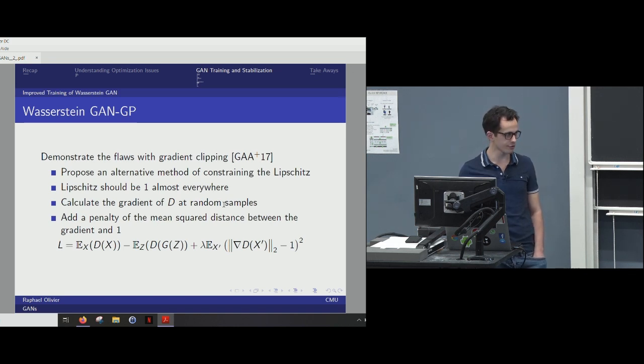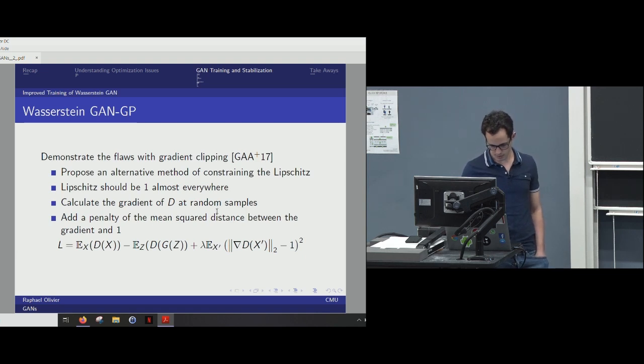So here, their version of constraining Lipschitz is, instead of making the gradients smaller than this, like the quotient difference is smaller than this, I'm just gonna make all the gradients about 1 everywhere, and a gradient of norm 1 would mean Lipschitz. So instead of making it small, I'm gonna try to make it exactly 1.